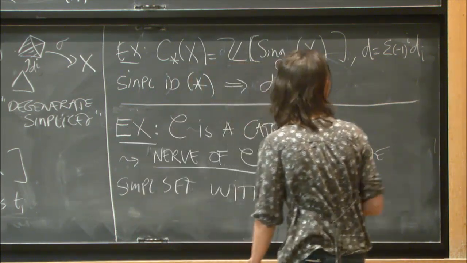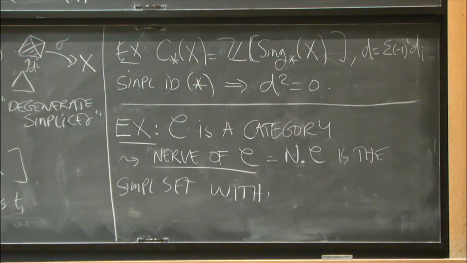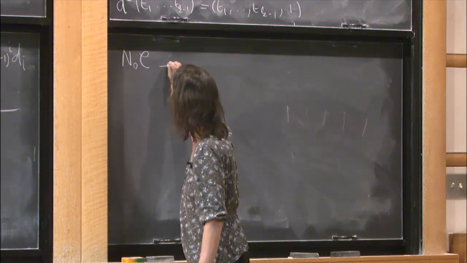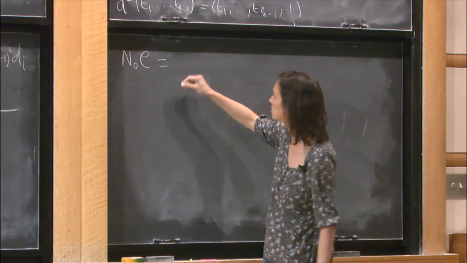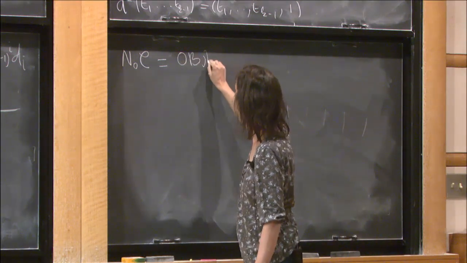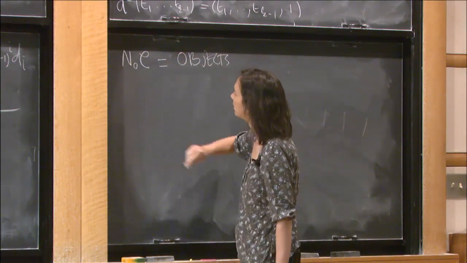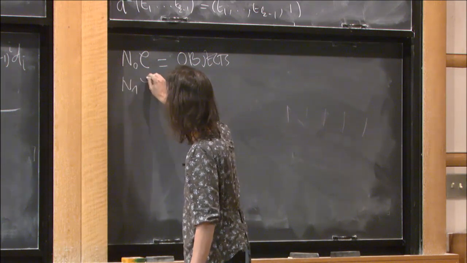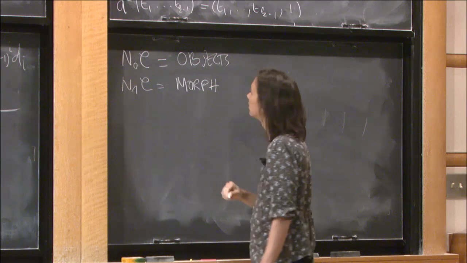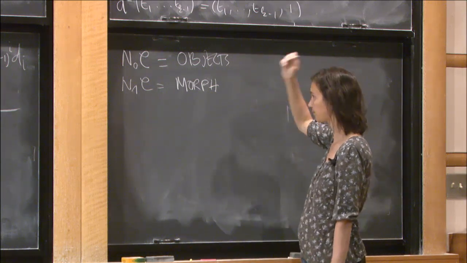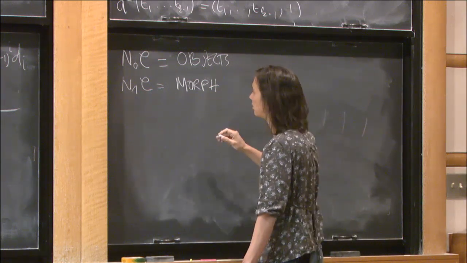How do we define it? I have to tell you what each set of simplices is. The 0-simplices are the objects. The 1-simplices are the morphisms of C, so I make a 1-simplex for every morphism.